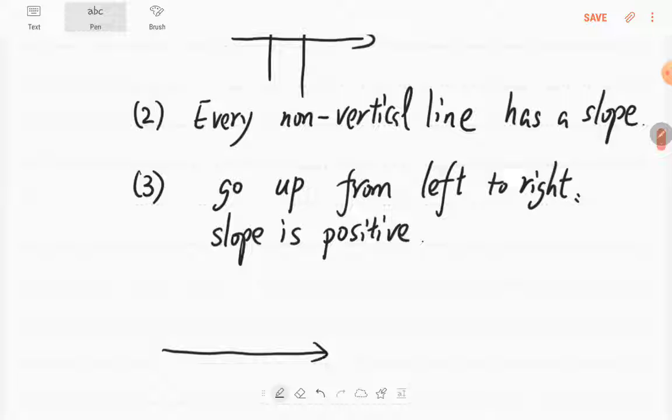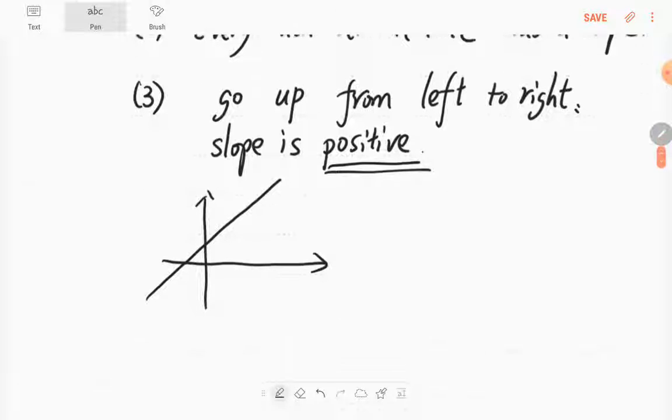This is one example: it goes up from left to right, so this one has a positive slope.